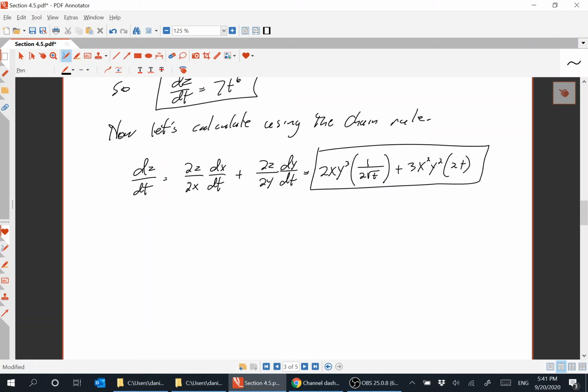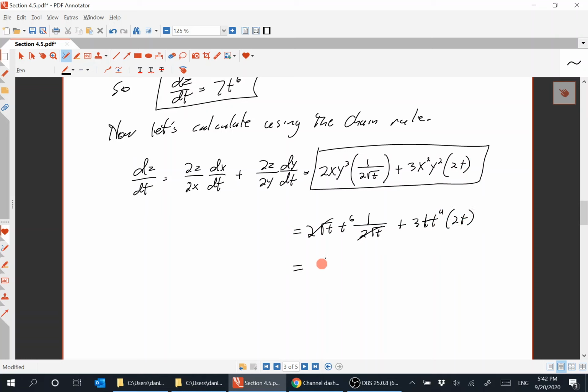But of course, x and y are functions of t, so you can just write them out. So this is equal to 2, and then x is square root of t, y is t squared, so that's t to the 6th, over 2 square root t, so those cancel, plus 3t to the 4th, and then times 2t.